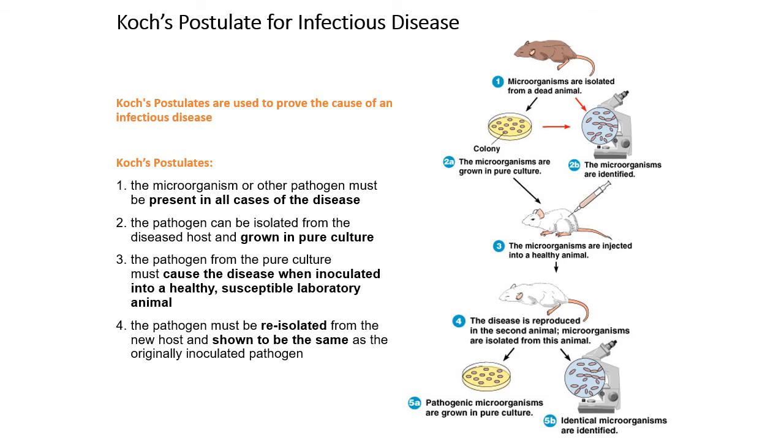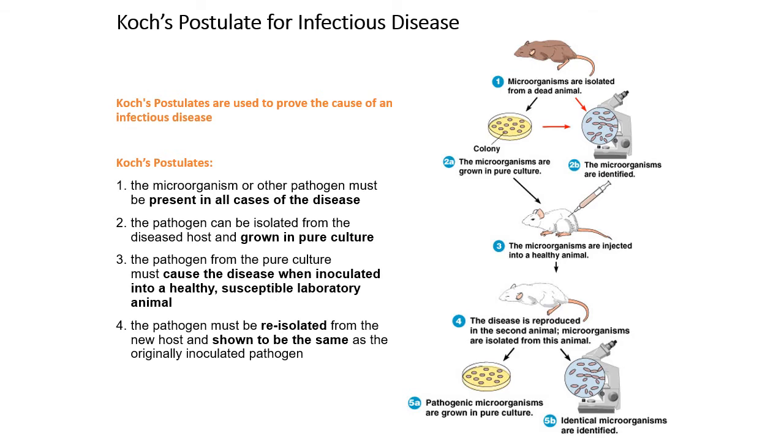A pathogen can be isolated from a diseased host and grown in pure culture. Number 3, the pathogen from pure culture can then cause a disease when inoculated into a healthy, susceptible lab animal, such as another rat. And the pathogen then can be re-isolated in a new host and shown to be the same as the original inoculated pathogen, for example, under a microscope. And here you see the cartoon on the right.